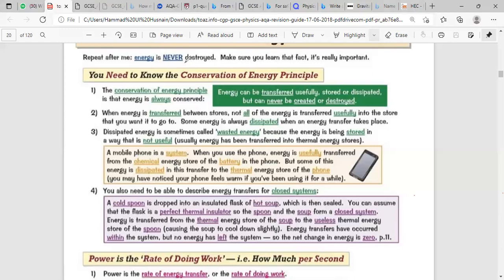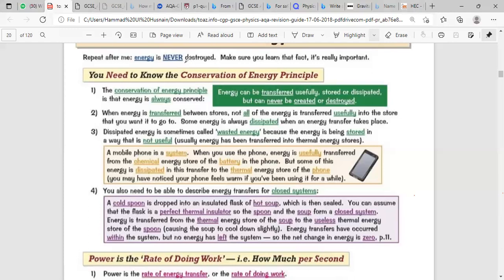A mobile phone is a system. When you use the phone, energy is usefully transferred from the chemical energy store of the battery in the phone, but some of this energy is dissipated in the transfer to the thermal energy store of the phone. Similarly, as I gave you the example of a bulb, you can understand it from the example of a mobile phone or a laptop.